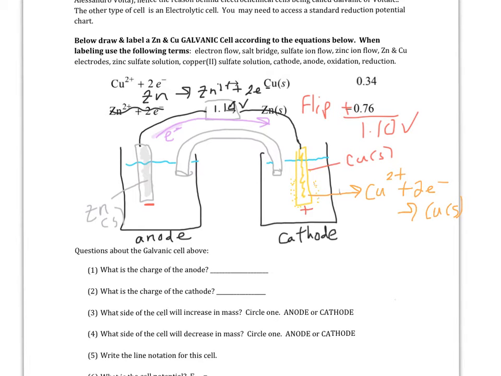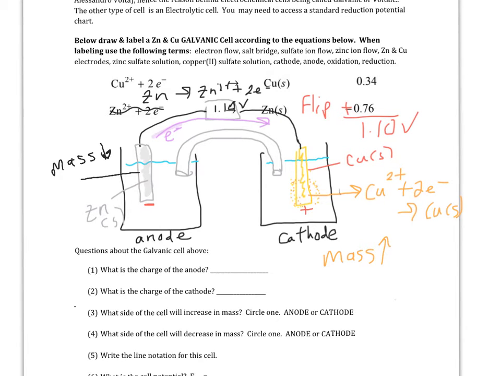So this is gaining solid copper atoms, and the mass on this side is increasing. Meanwhile, on the other side, the mass is decreasing.